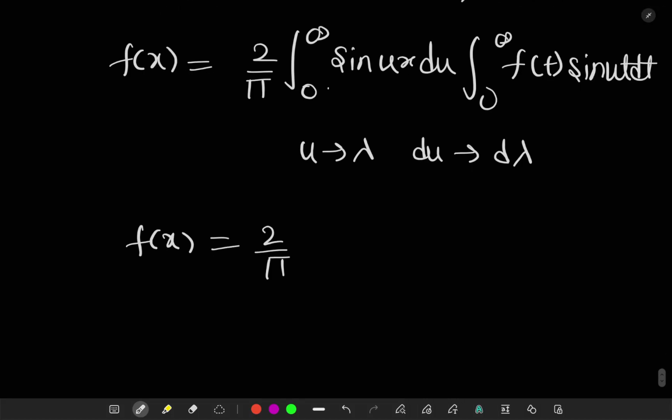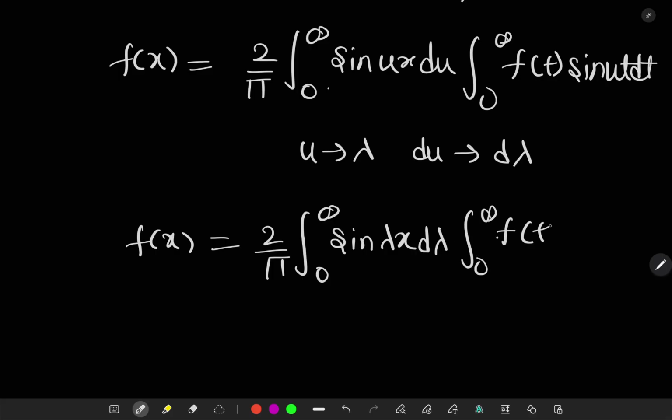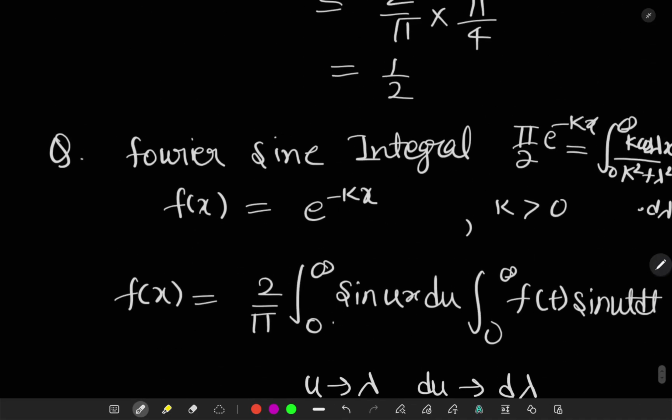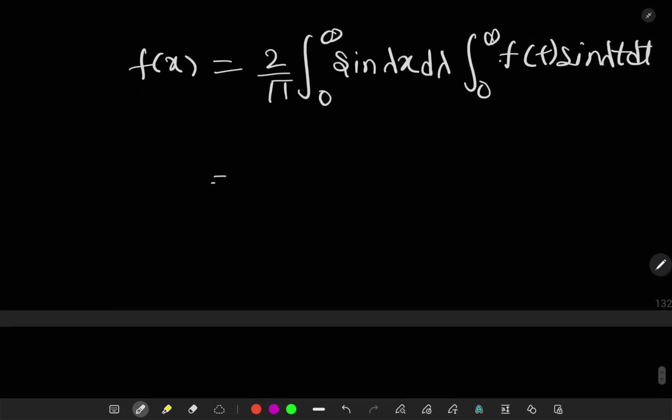Now replacing here u by λ, this integral becomes sin λx dλ integral 0 to infinity f(t) sin λt dt, and putting the value of f(x), which is given as e^(−kx).